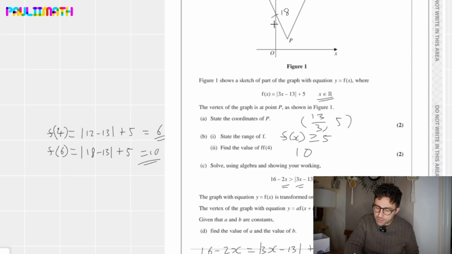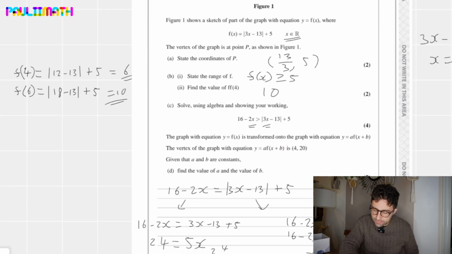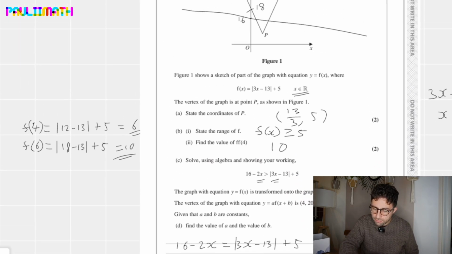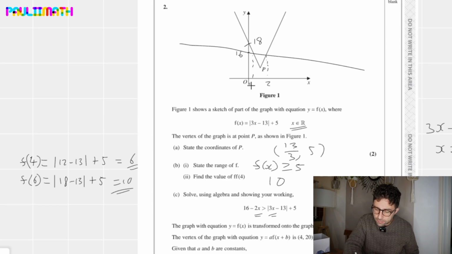Whereas the other one cuts at 16. Negative gradient, sloping down, not as steep. And the places where they intersect are 2 and 24 over 5.